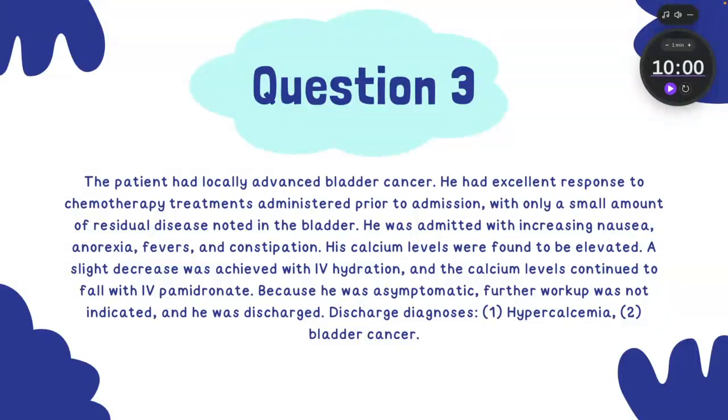Calcium levels continued to fall with IV Pamidronate. Because he was asymptomatic, further workup was not indicated. He was discharged. Discharge diagnoses: hypercalcemia, and then the bladder cancer.